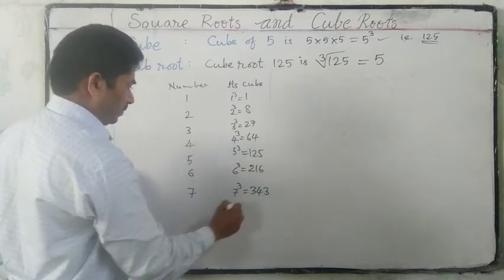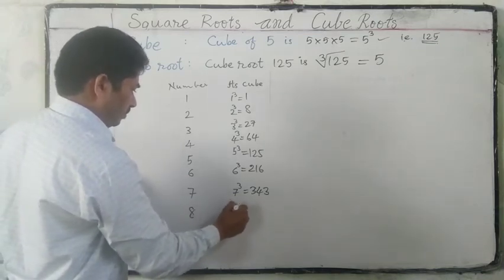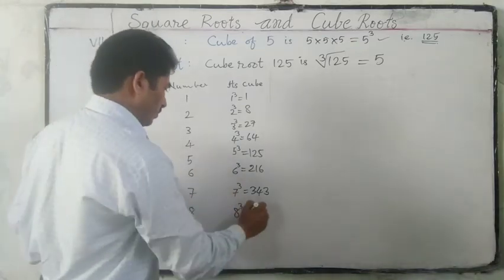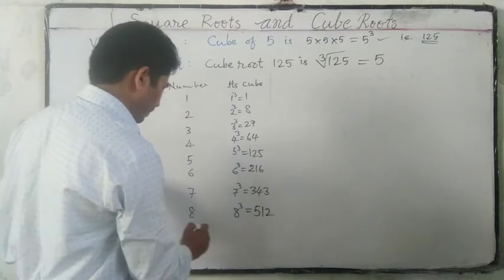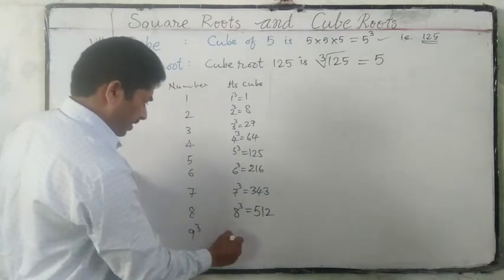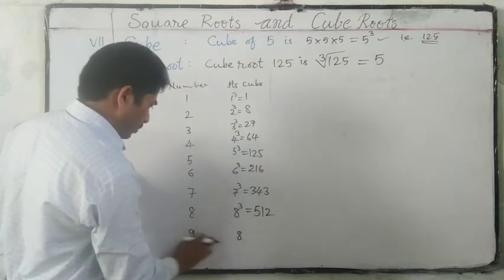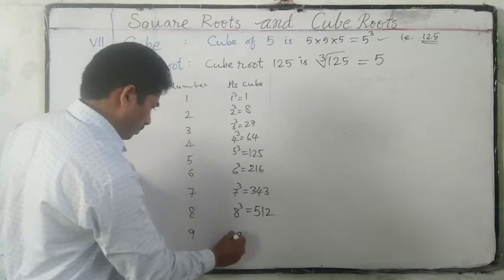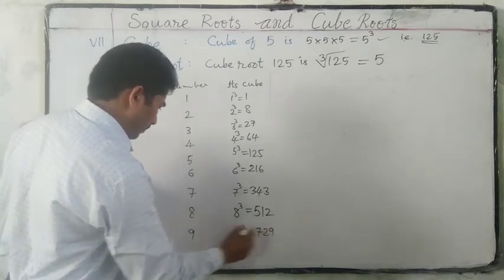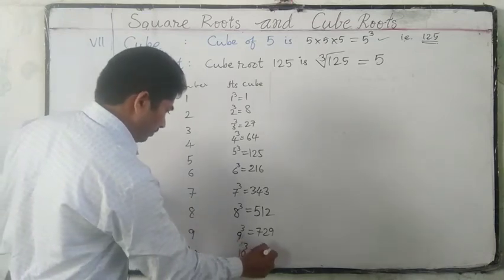343. 8 cube: 8 eights are 64, 64 eights are 512. 9 cube: 9 nines are 81, 81 nines are 729. 10 cube is 1000.